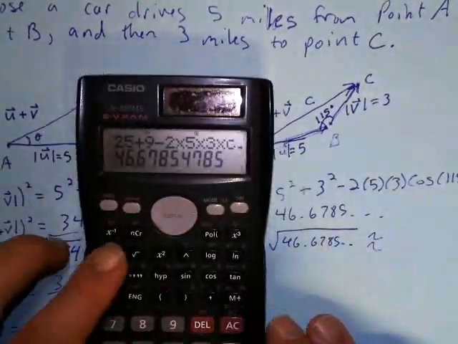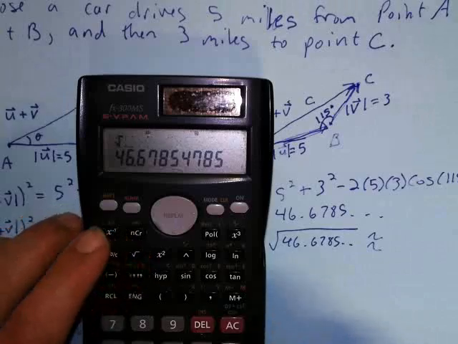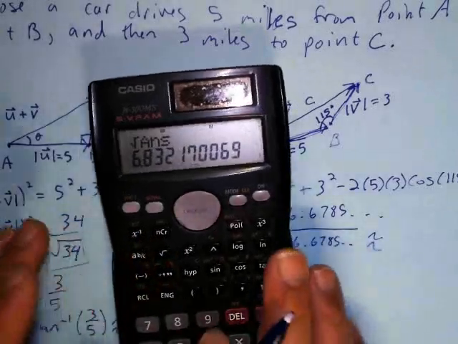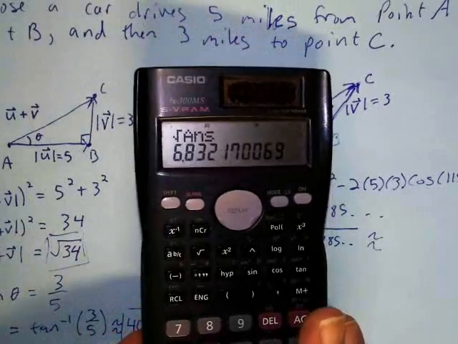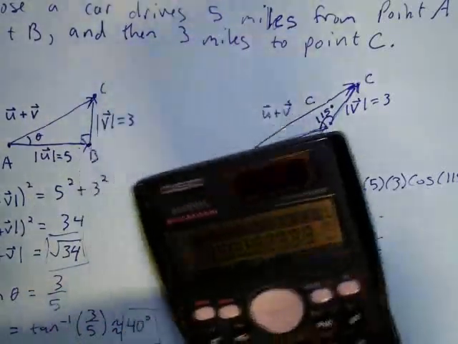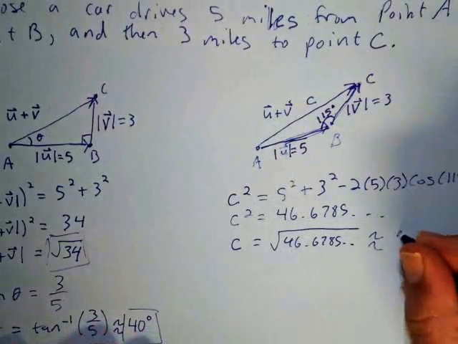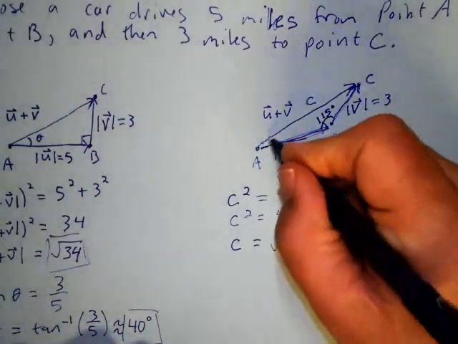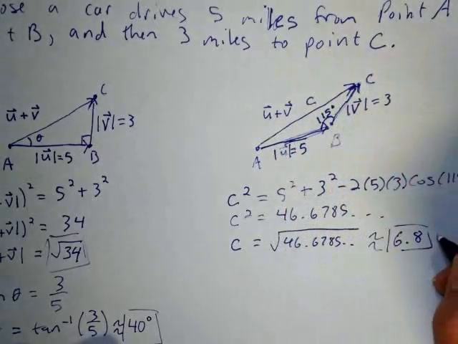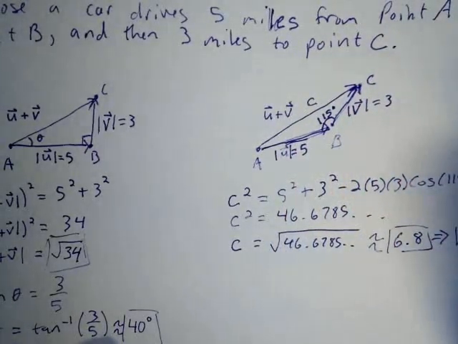Okay, so I'm going to take the square root of the answer, and it looks like I get approximately 6.8. We'll round to the nearest tenth. 6.8. So this is actually the magnitude of the vector, right? This is the magnitude of u plus v.